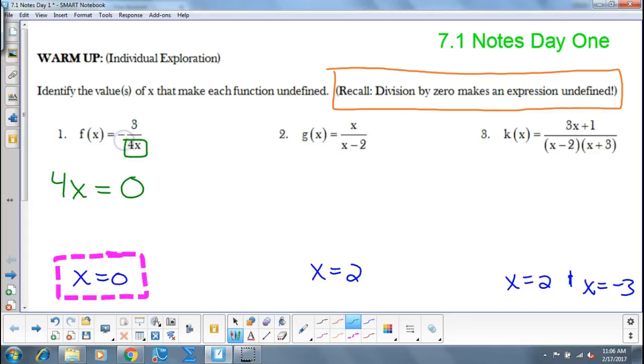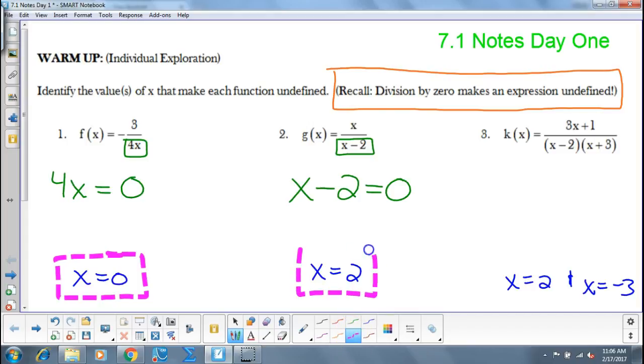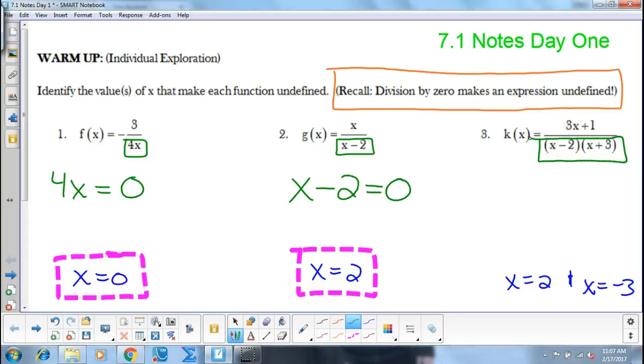In number 2, I take the denominator of my function. Again, we're just looking at the denominator because dividing by 0 is what makes it undefined. So I'd say x minus 2 equals 0. Add 2 to both sides gives me x equals 2. Number 3 is a little trickier. Still looking just at my denominator, I'd set that equal to 0.